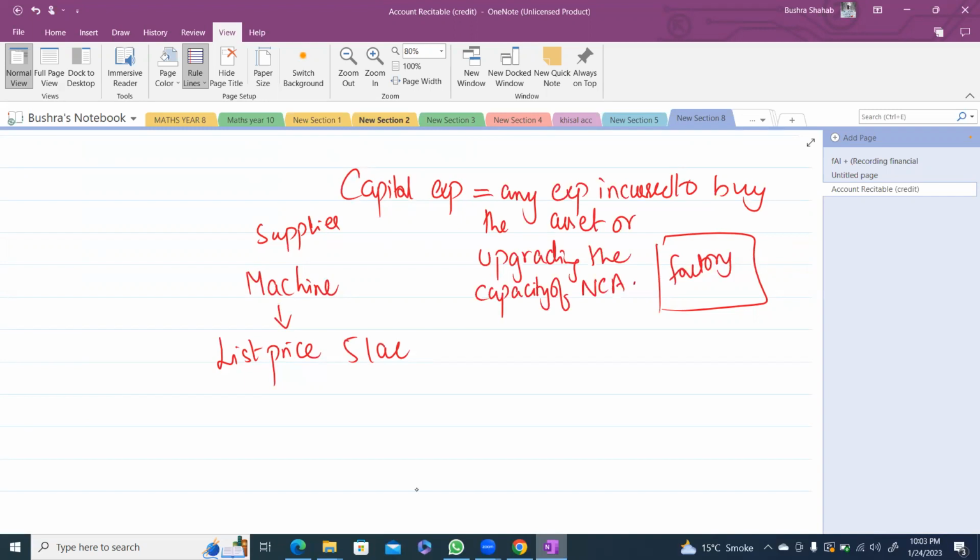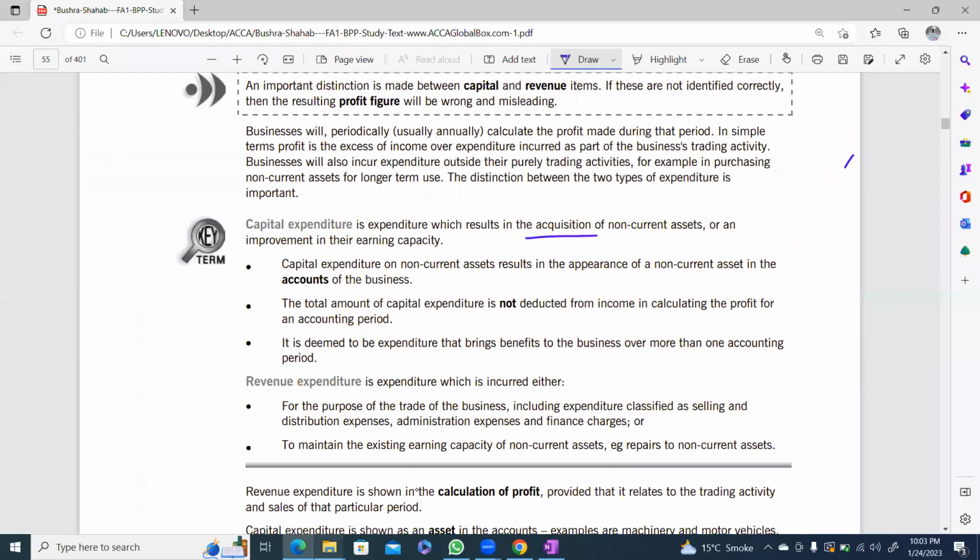I'll show you. Acquisition of an asset, when you're buying any asset, or when you're improving the earning capacity of the asset. For example, if you have a machine that makes 10,000 units, now you have upgraded this machine, and per day this machine is making 20,000 units.